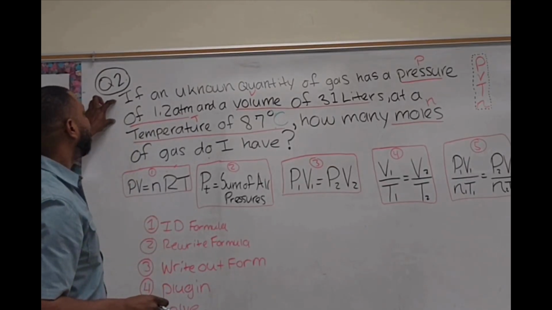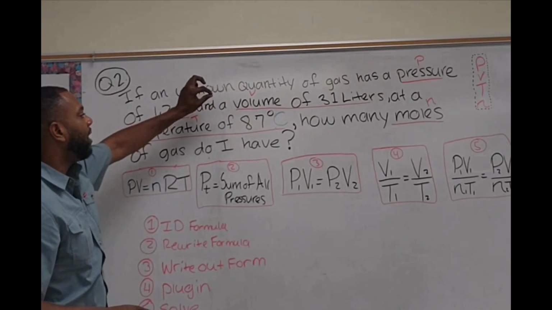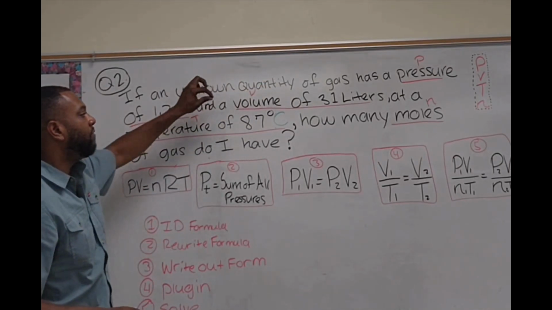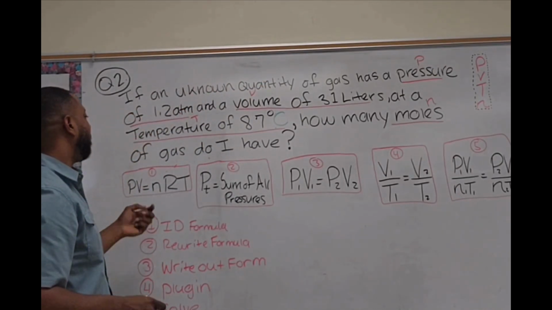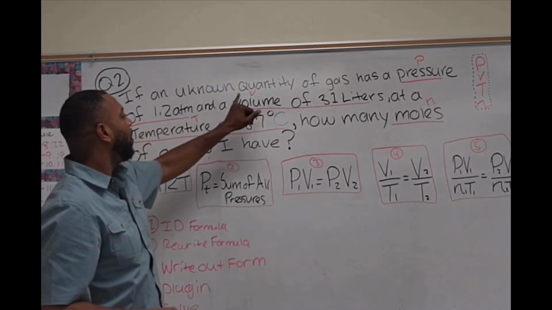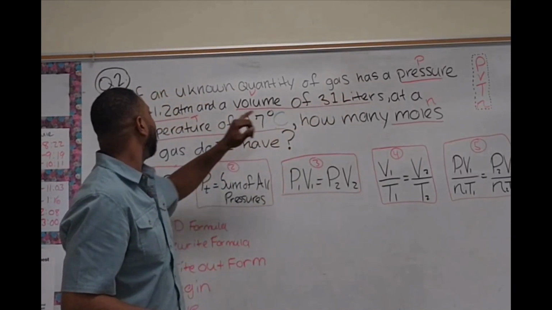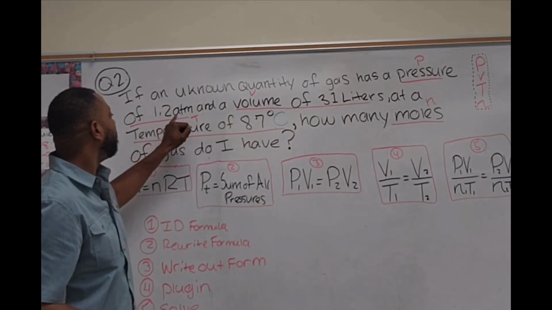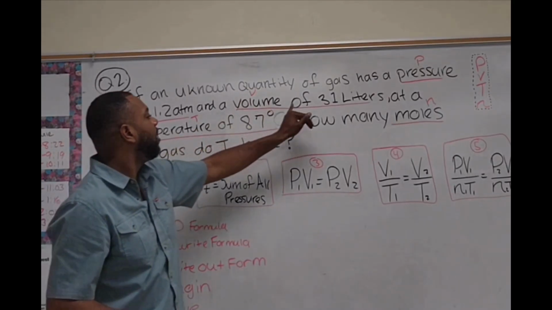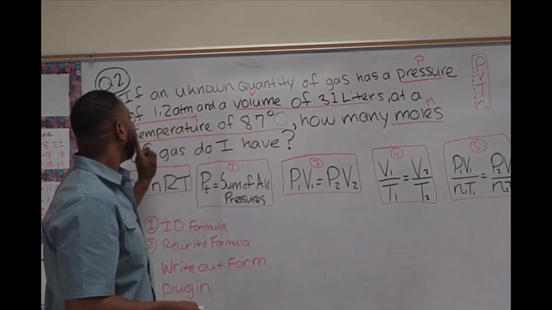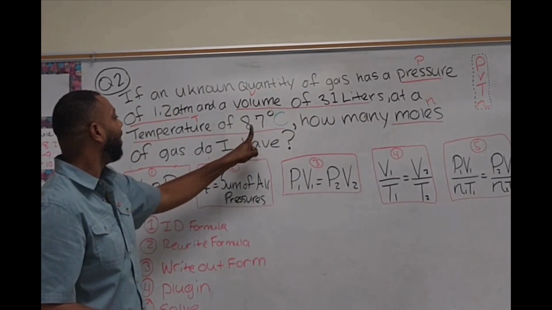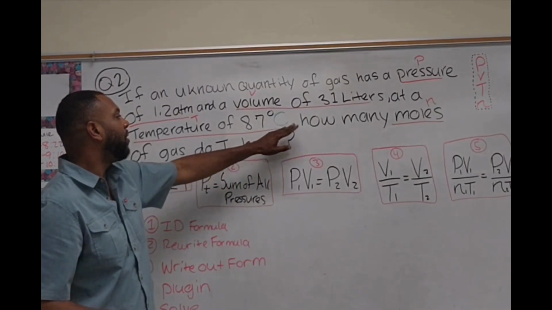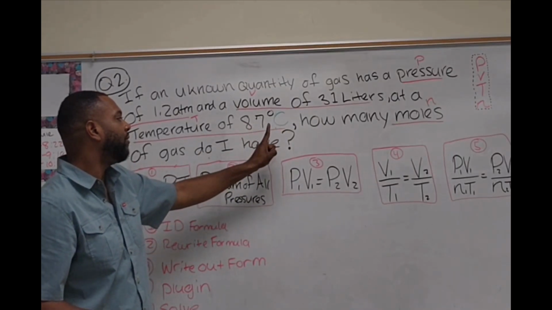All right, let's read the question, and I went ahead and wrote out on top of each variable what we had so we can pick the formula. So if an unknown quantity of gas has a pressure, P, of 1.2 atm at a volume, V, of 31 liters, at a temperature, T, of 87 degrees Celsius, you'll notice in the last question it was Kelvin, okay?